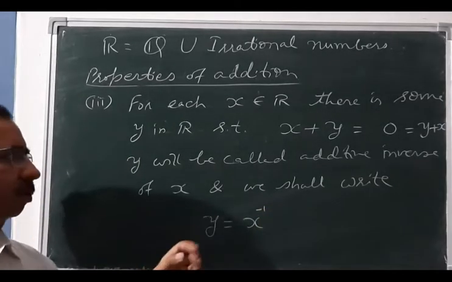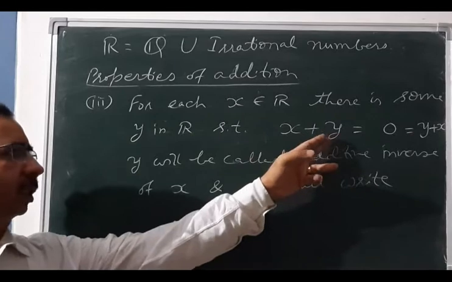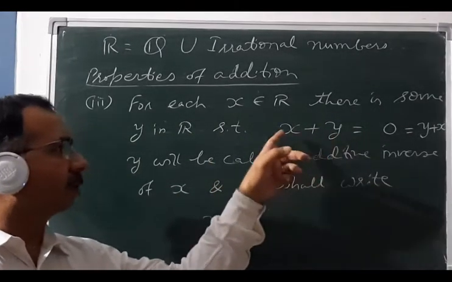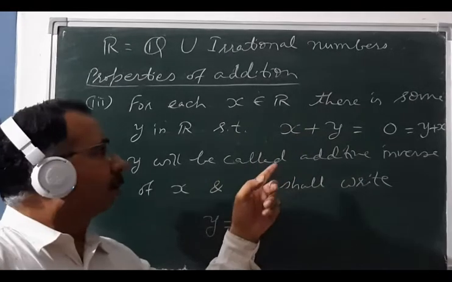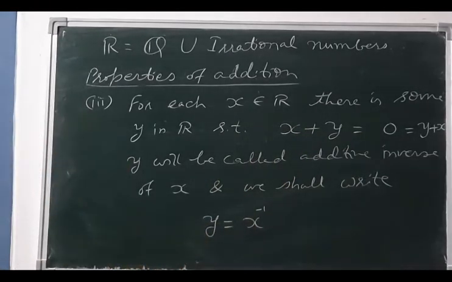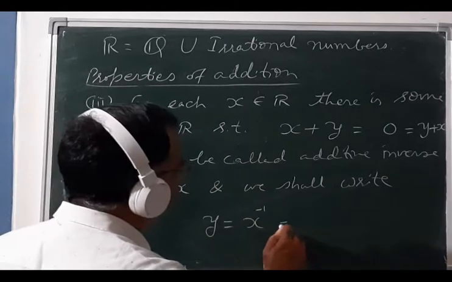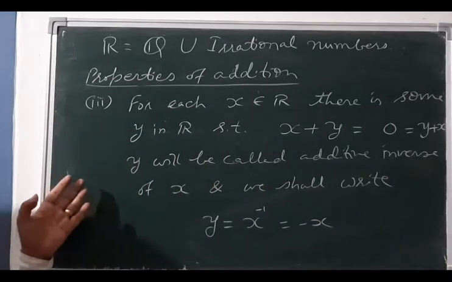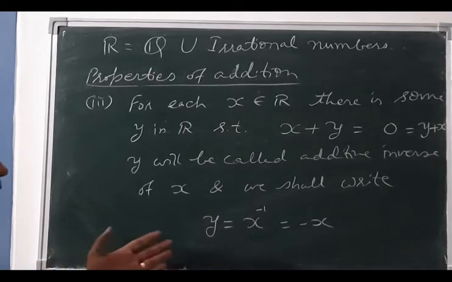And we already know what this inverse element will be. This should be minus x. When we add minus x to x, we get the answer 0. So this x inverse is minus x. So every element in the set of real numbers has an additive inverse.